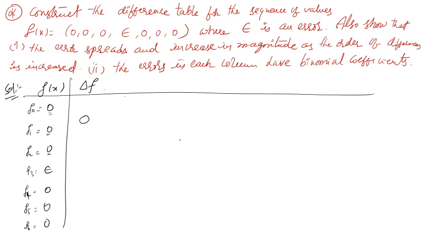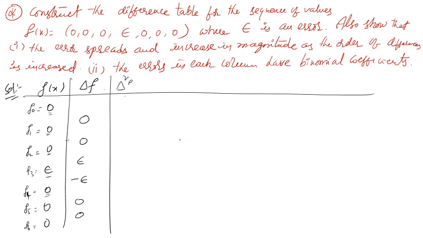Now this is f1 minus f0. This is also 0. This is epsilon minus 0 and 0 minus epsilon, and 0 minus 0 is 0, right? First order is over.